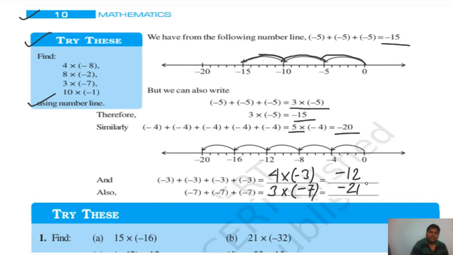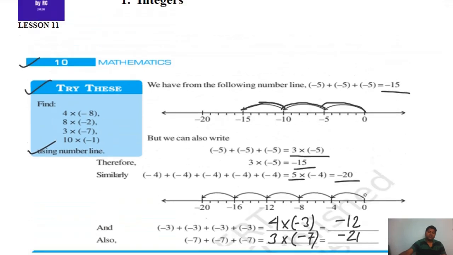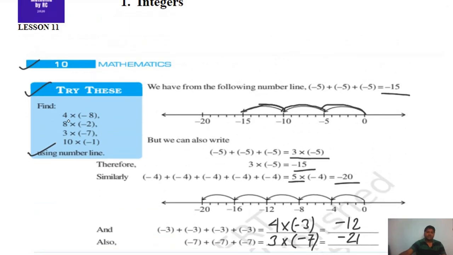So this is the part of this math. We can easily find out this portion. Suppose in the first one we try this, we can conclude as follows. On the number line, here is 0.